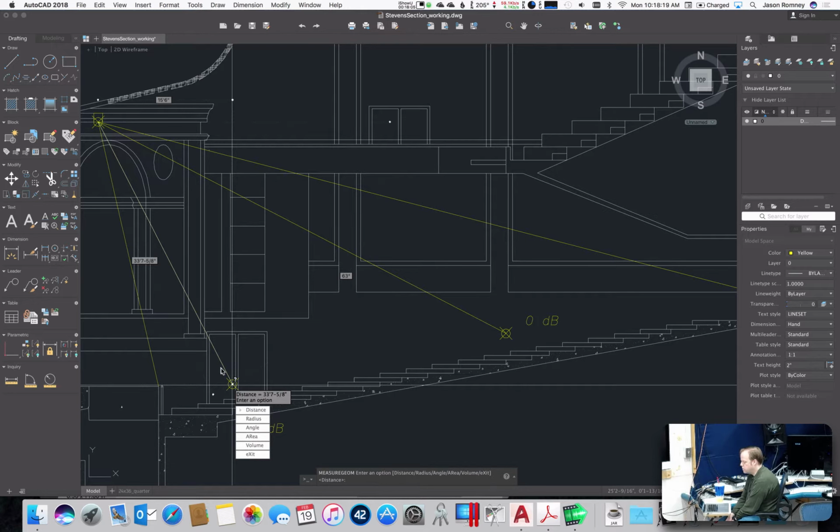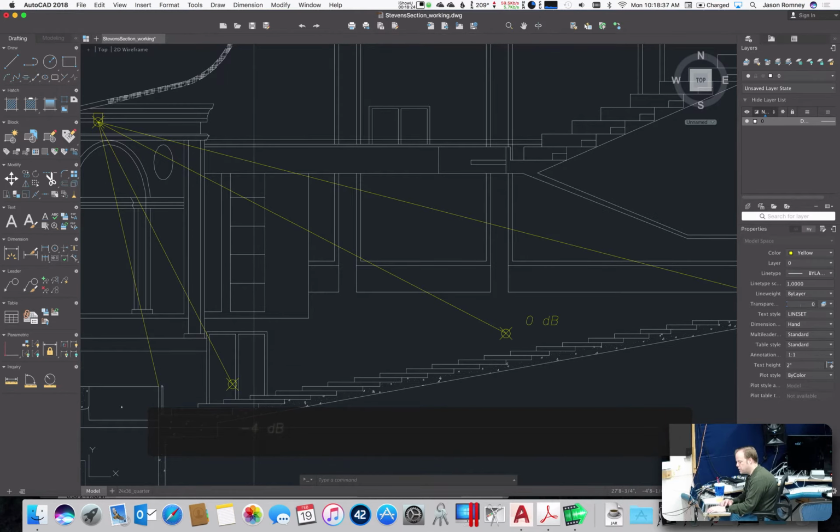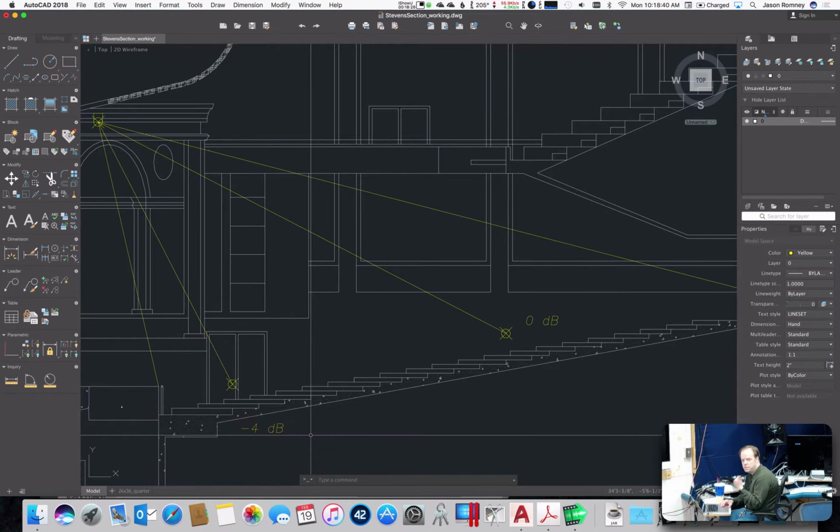33.5 feet to the front row, and then somebody wrote down that middle row, right? So 52.75. So put that on top and put the 33.5 on the bottom. 3.9. So we'll call that 4 dB. Okay, so it's plus 4 dB because of distance, but minus 4 dB because of directivity, which means it's 0.